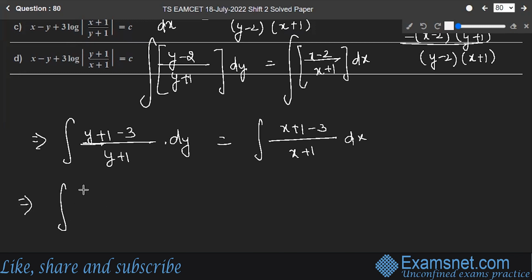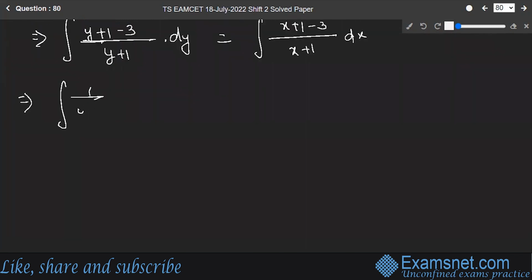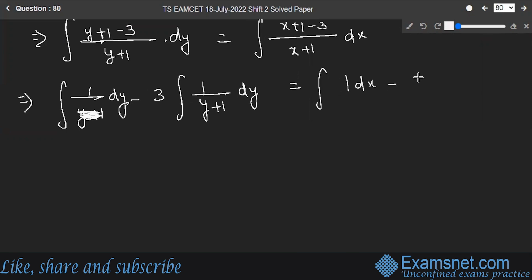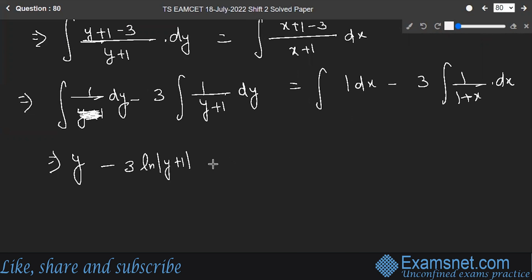This gives you the integral of 1 dy minus 3 times the integral of 1 upon (y plus 1) dy, equal to the integral of 1 dx minus 3 times the integral of 1 upon (x plus 1) dx. This is going to give me y minus 3 log of (y plus 1) is equal to x minus 3 log of (x plus 1) plus c.